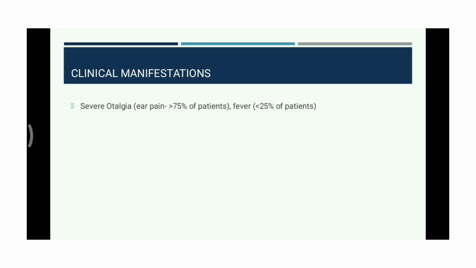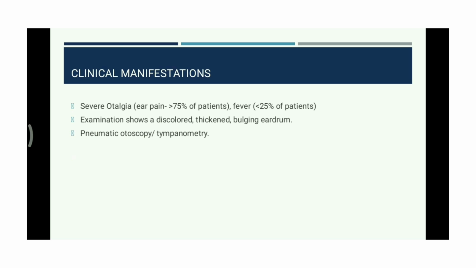The patient may come with severe ear pain, and in less than 25% of patients, fever will be there. When we examine the patient, the eardrum will be discolored, grayish in color, and also thickened and bulging.